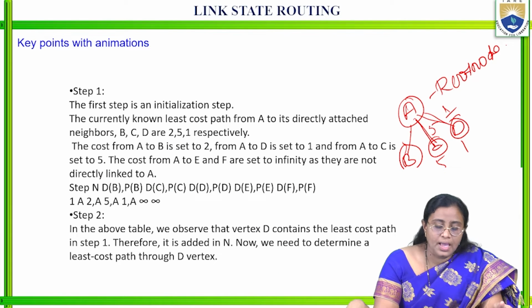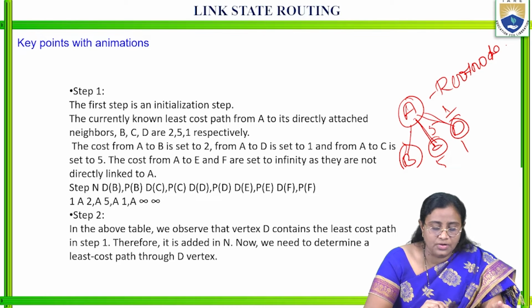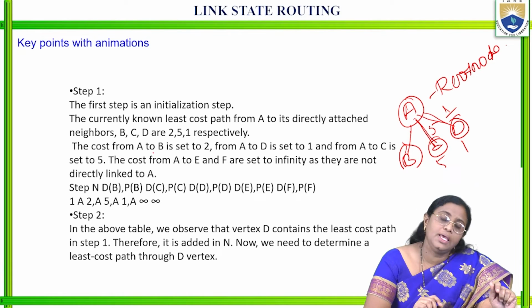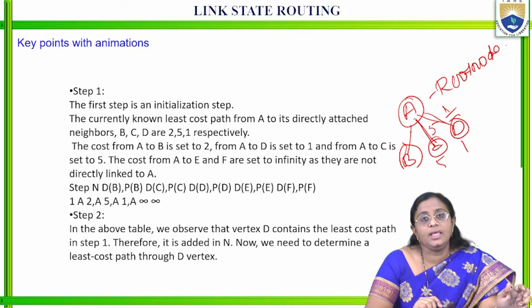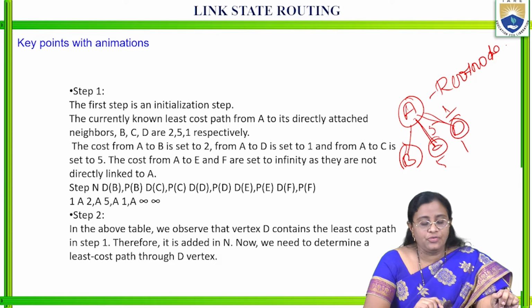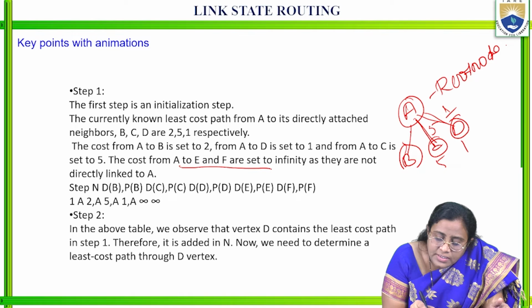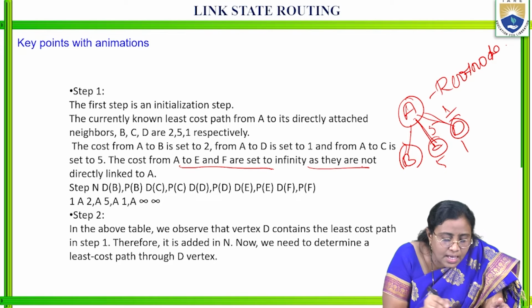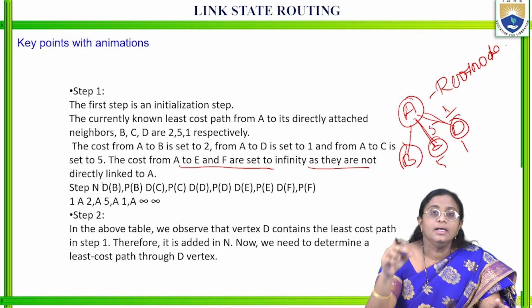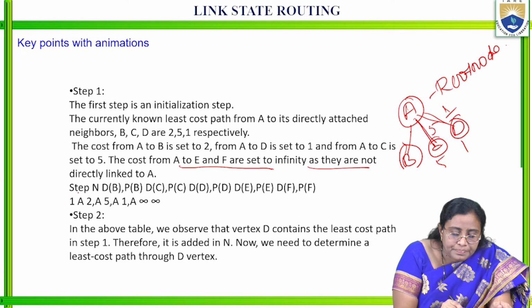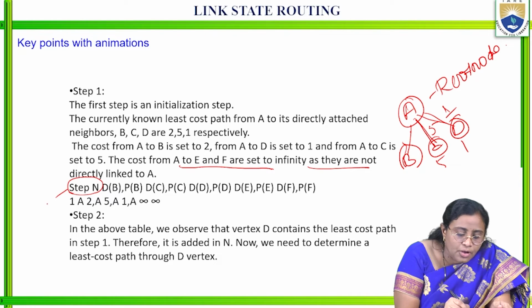In the first step, as I already discussed, the cost from A to B is set to 2, from A to D is set to 1, and from A to C is set to 5. The cost from A to E and F are set to infinity, because they are not directly linked with the root node A. So N means the set of nodes.